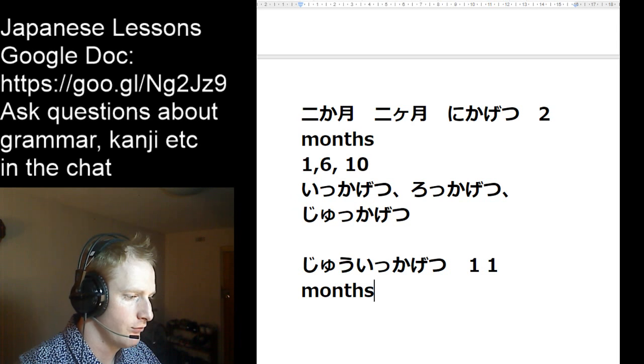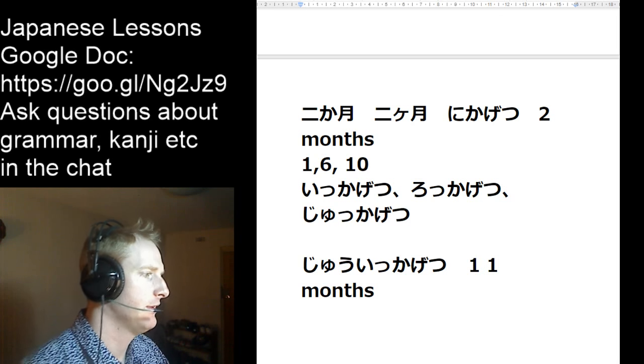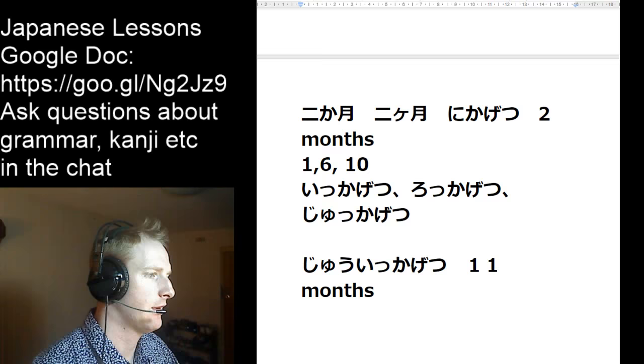Okay. All right, so the last thing I want to look at, and it's what I mentioned earlier, is that there's a few counters that if you learn them, that's pretty much all you need to know up until a certain point.